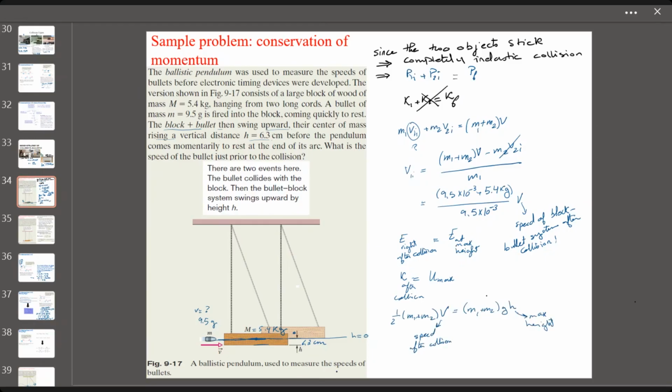Now I have the maximum height. It's 6.3 centimeters. The masses here actually cancel out, which is great. It will make the equation look way easier. This is V squared. So I'll get radical 2GH, and here I'll have 2 times 9.8 times H, which is 6.3 times 10 to the power minus 2.